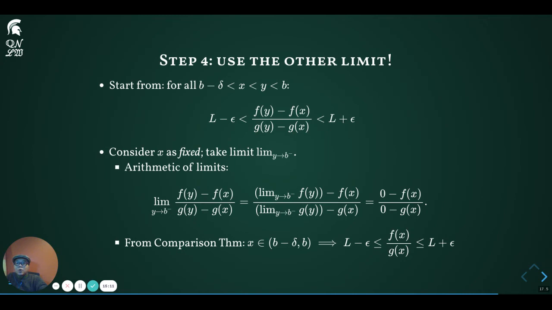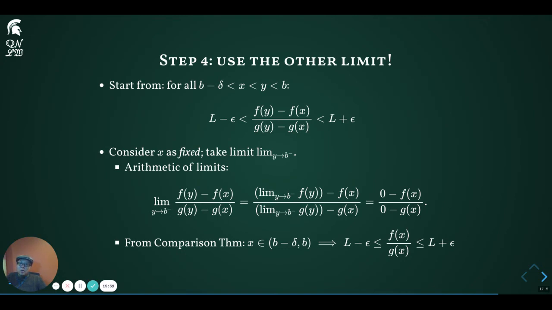Notice that the comparison theorem only holds for non-strict inequalities. So our conclusion has to be L minus epsilon is less than or equal to f over g, which is in turn less than or equal to L plus epsilon.